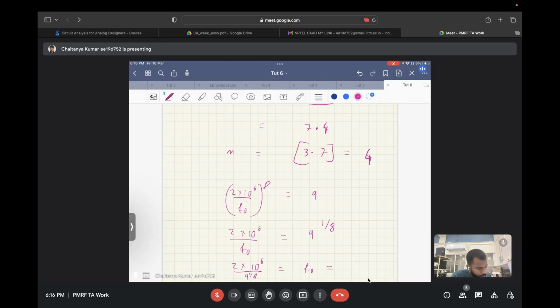Yeah, so this comes out to be 9 to the power 0.125, inverse, multiplied by 2. Yeah, 1.52 something, 1.52 megahertz. Yes, sir. So I hope this is done.